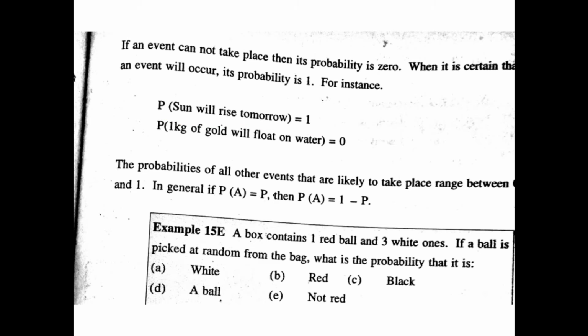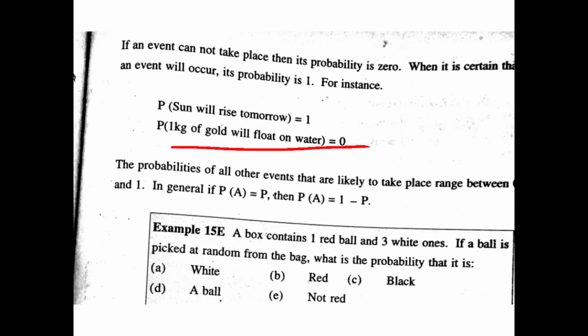Now, number 2. What is the probability that 1 kg of gold will float on water? It's not possible that 1 kg of gold can float on water. That means the probability is straight away 0.